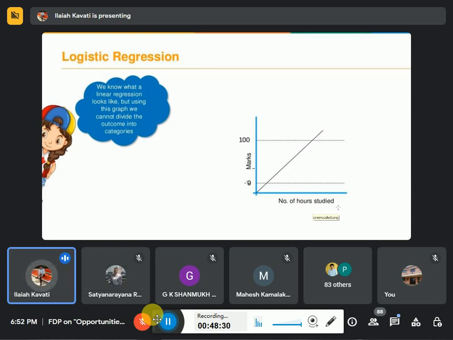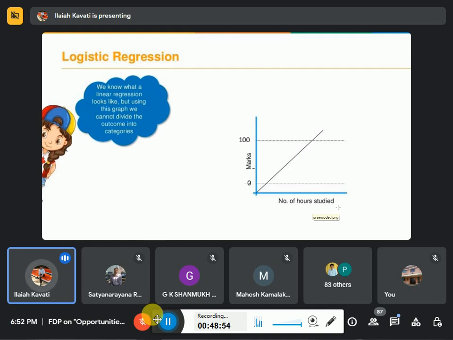So as the x value increases, the y value also increases. Correct? This is what we discussed as linear regression. This is the linear relationship: as x increases, y increases. The size of the house increases, the price of the house increases.